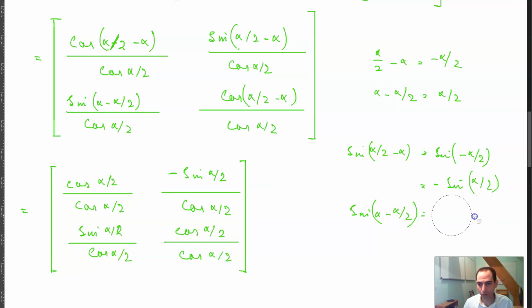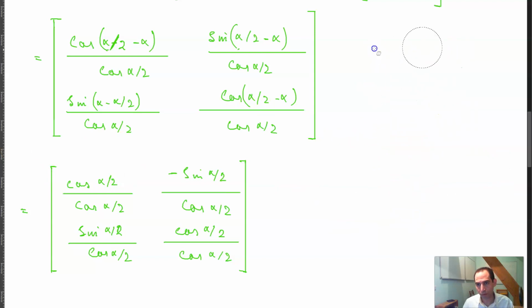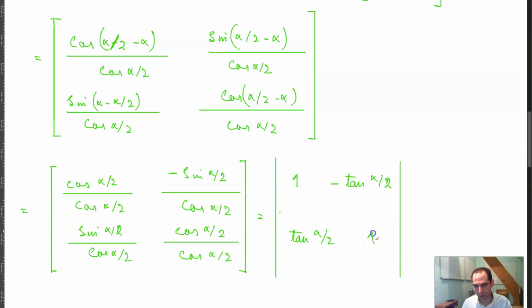And therefore, I can say that cos of alpha by 2 by cos of alpha by 2 is equal to 1. And sine alpha by 2 by cos alpha by 2 is tan alpha by 2. So that's negative tan of alpha by 2. And sine alpha by 2 by cos alpha by 2 is tan alpha by 2, and cos alpha by 2 by cos alpha by 2 is equal to 1.